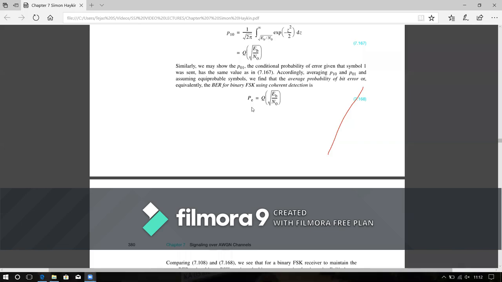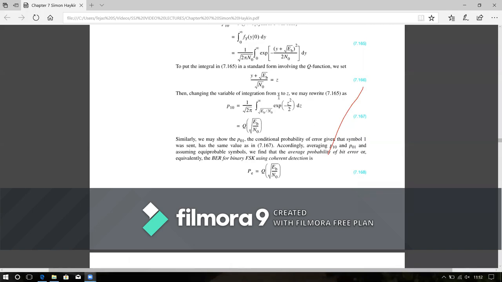Please summarize the probability of error in BPSK, QPSK and FSK and so on. If you observe, the probability of error for BFSK is Q of root of EB by N0, whereas for PSK, if I am correct, it is Q of root of 2 EB by N0. You have to remember these formulas in order to solve the problems.